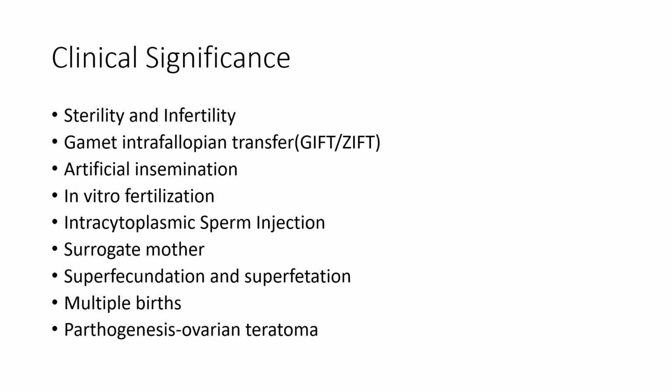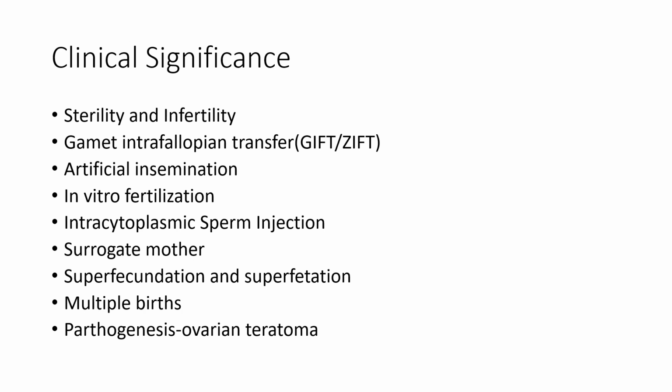So at least 3 to 4 such embryos are transferred to the uterine cavity with the hope that at least a single fertilized ovum will get implanted normally. But fortunately or unfortunately, if all four fertilized ova get implanted normally in the uterine cavity, it will lead to multiple births.